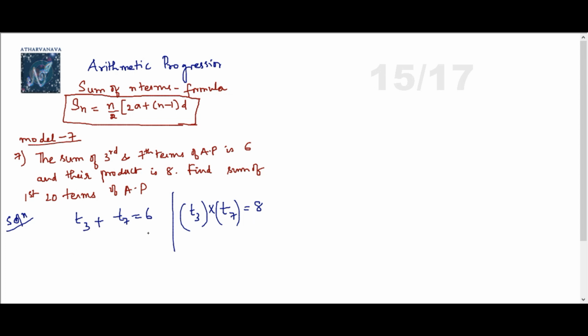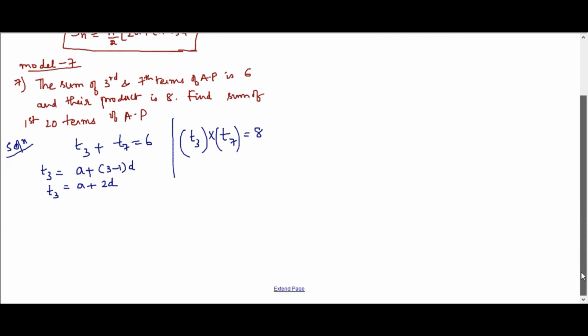Let's first write what T3 is. T3 is A plus (3 minus 1) into D, which is A plus 2D. Similarly, what is T7?